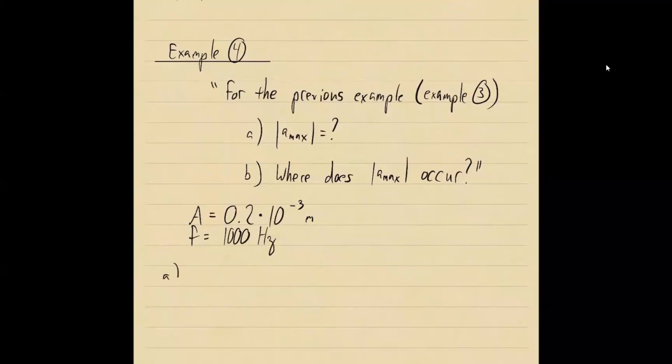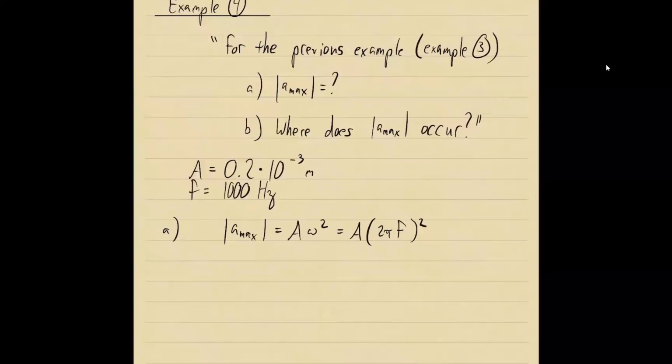So if we're looking at part A, right, we're trying to find the maximum value that A can attain. Right, what we saw, that's equal to the amplitude times our angular frequency squared. So this is just A times 2 pi f. We're squaring all that.